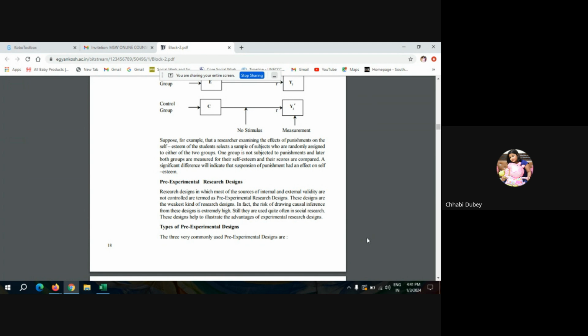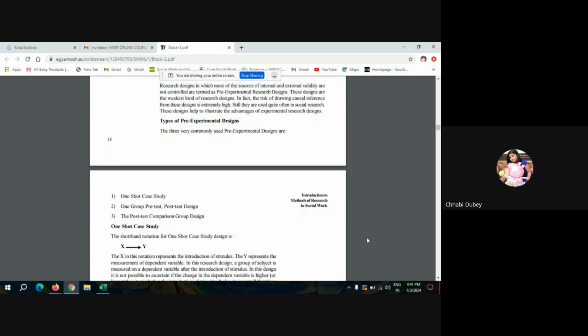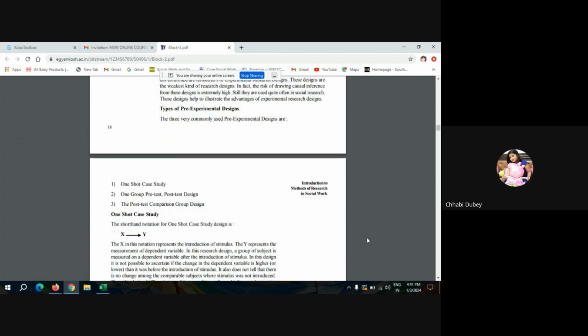Now there are three commonly used pre-experimental designs that we are going to discuss. One is the one-shot case study. The second is the one group pre-test post-test design. And the third is the post-test comparison group design.